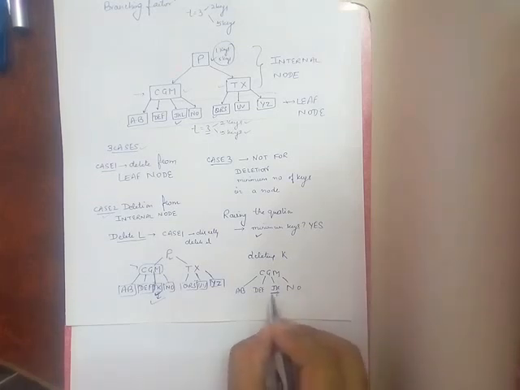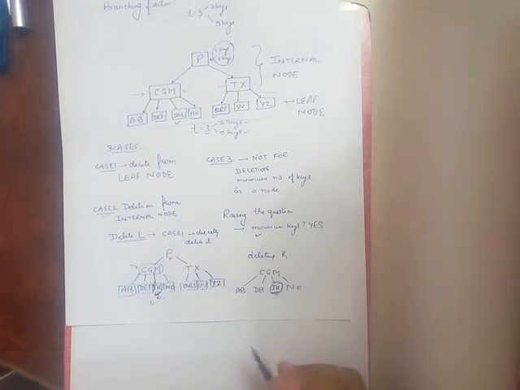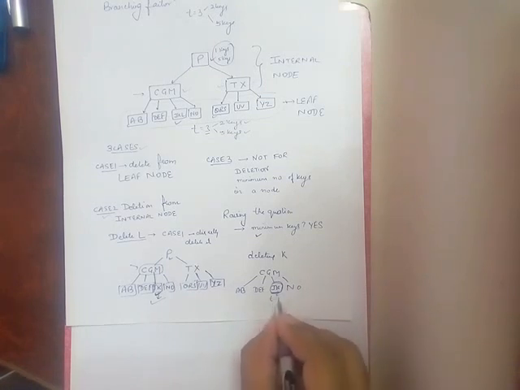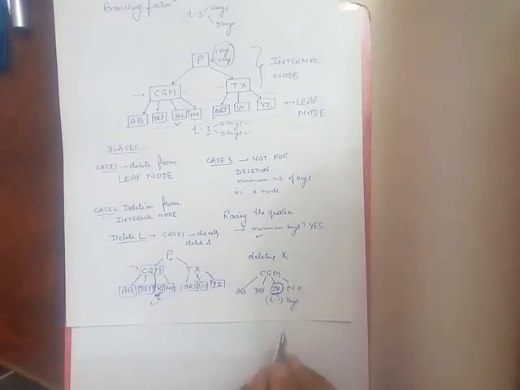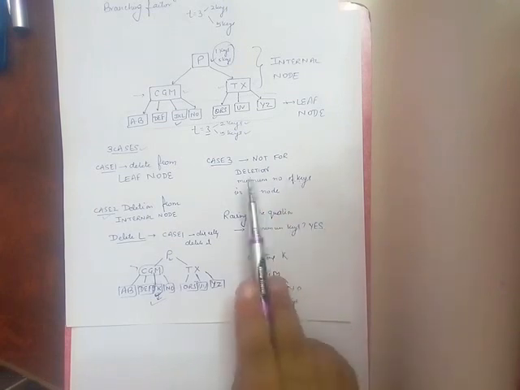We have to first make this particular node in such a way that it has at least t keys. We see here that this node has t minus 1 keys. Then we have to work in such a way that at least t keys are there. For that, case 3 is used. Case 3 is not for deletion.